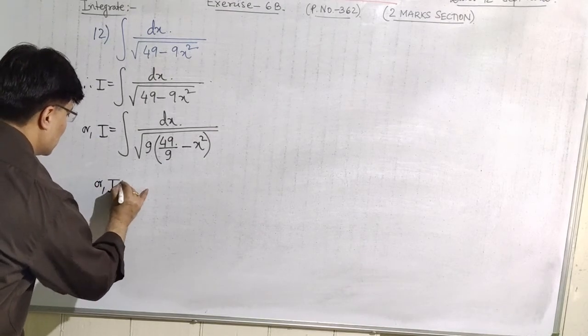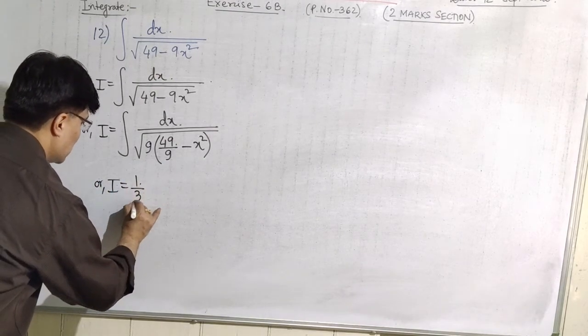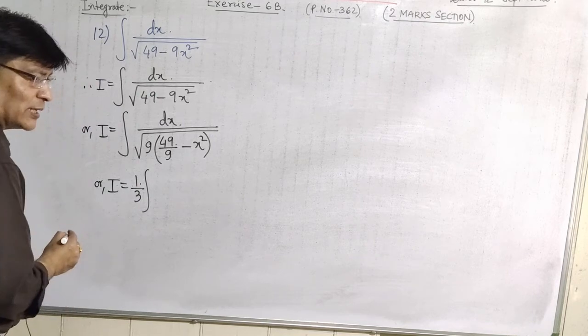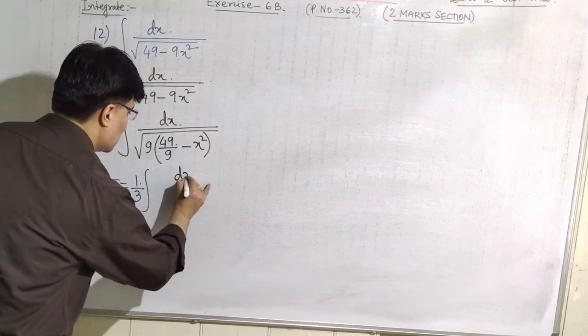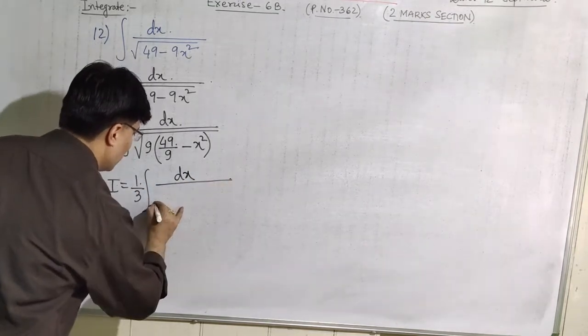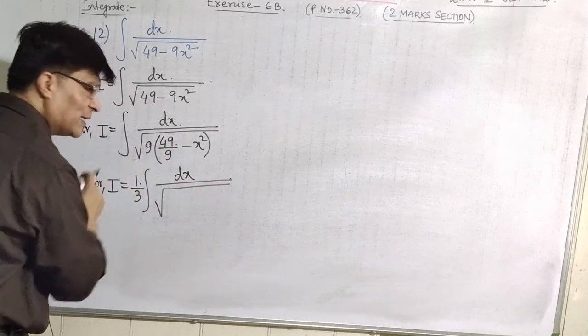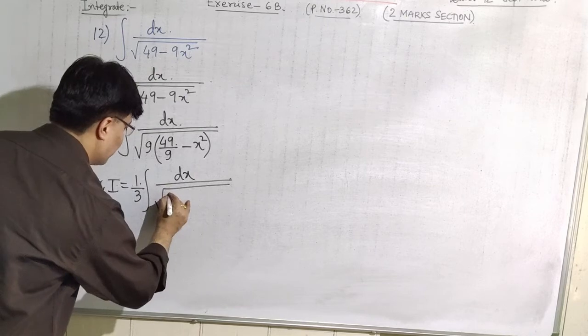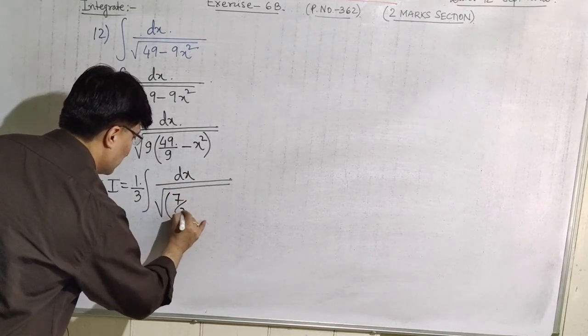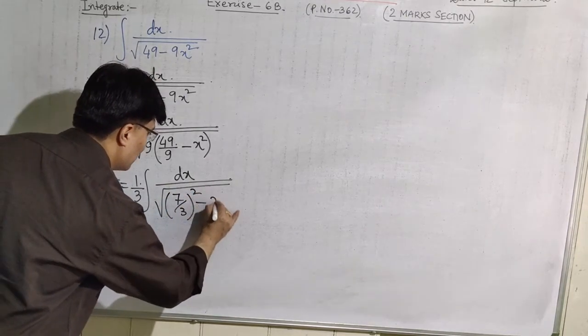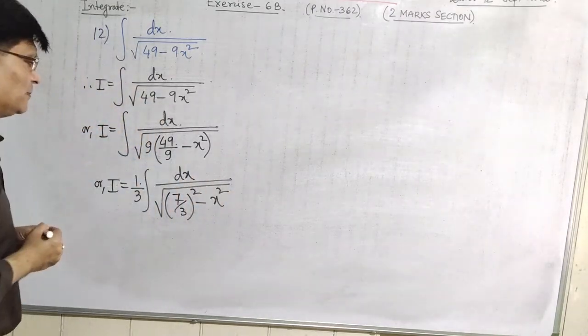You can take it outside. 1/3, it is constant, it is taken outside the integral sign. So it is dx divided by within square root. Let us write this 49 by 9 in terms of whole square. That is 7 upon 3 whole square minus x square.